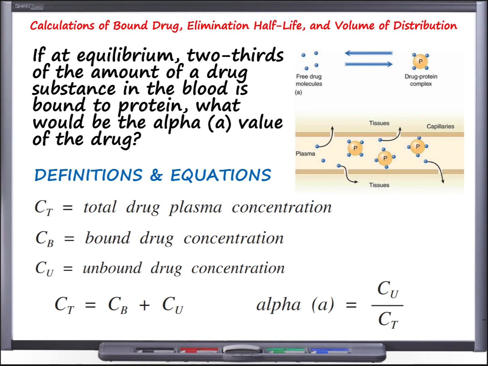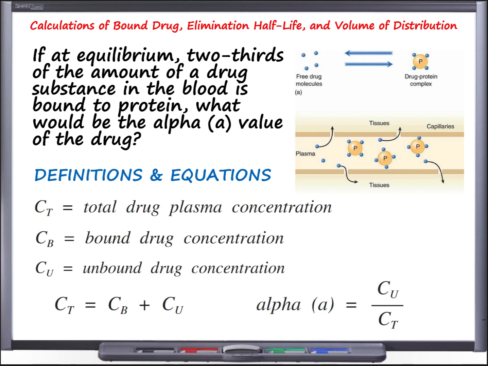CB stands for the bound drug concentration, or the concentration of drug in the blood that is bound to different plasma proteins. That leaves the last fraction, which is the CU, or the concentration of unbound drug. So this is the free drug, not bound, that would be available to cross out of the blood and into the body to produce its effects.